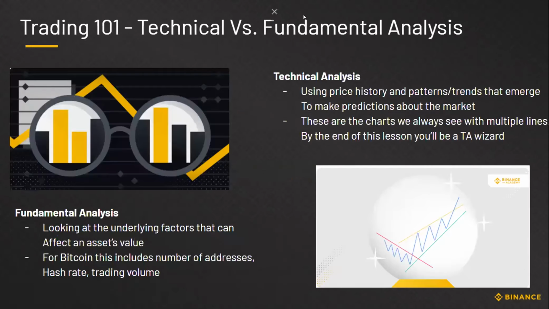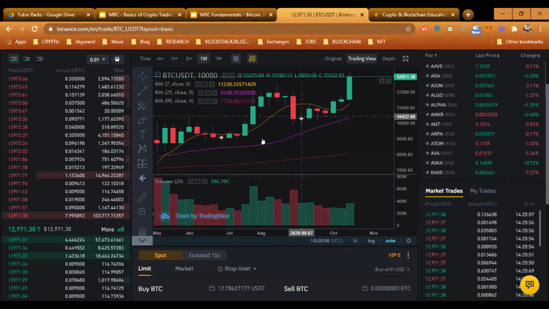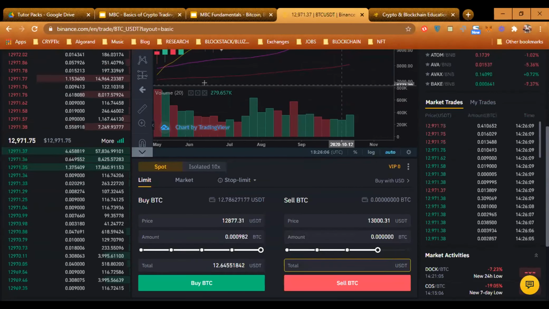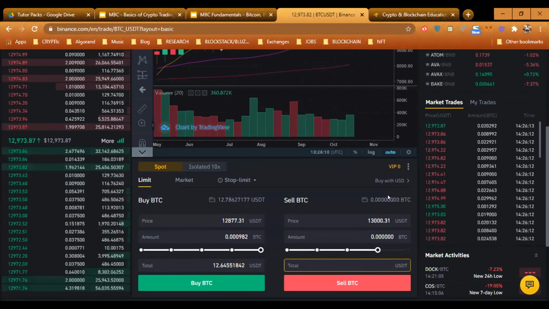Let me show you what this means. Say I feel like this Bitcoin, right now the price is at 12,917, is going to increase to 13,000.